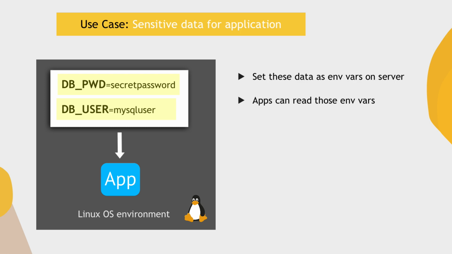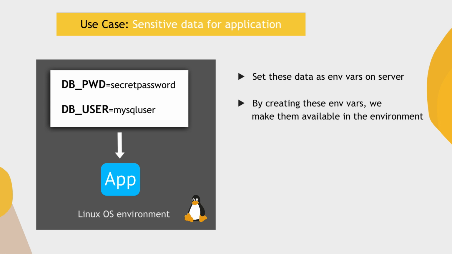And again, that's a standard naming convention for environment variables, all caps and underscore for separating the words. So we set these environment variables, and by creating these environment variables in Linux on a server, for example, we make them available in our environment or in our user's environment. And this means they become accessible for all the applications and processes that we run in that environment.